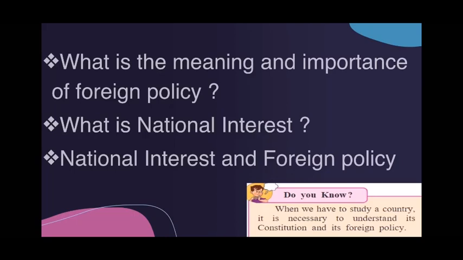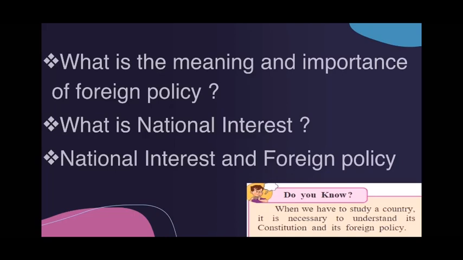Now, what is national interest and what is foreign policy? How is it related? National interest and foreign policy are closely connected to each other. Foreign policy is drawn up to encourage the national interest of defense and economic development. National interest is the goal and foreign policy is the means to achieve this goal.